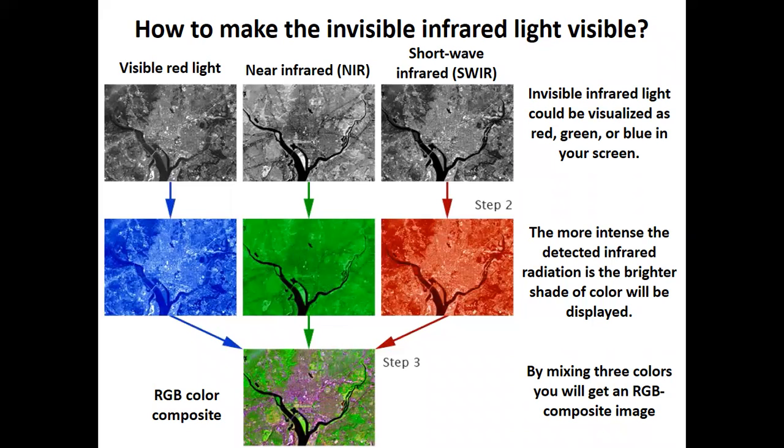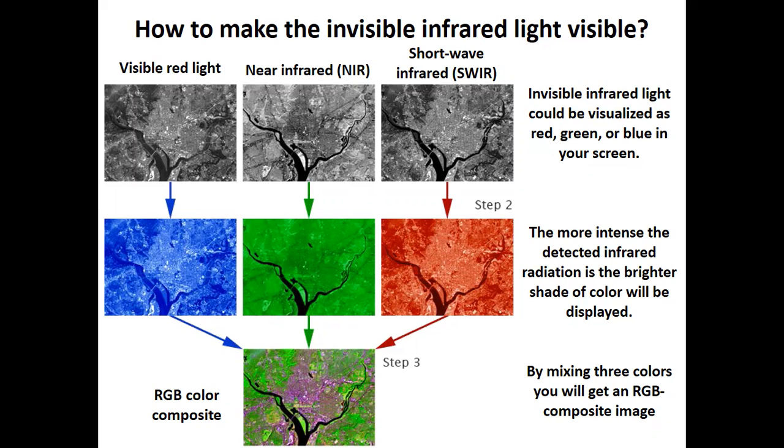And you know that the image on your computer screen is synthesized from these 3 basic colors, red, green, and blue, this so-called RGB synthesis, which is used in virtually all modern computers. And just combining all these 3 colors together, we will have this RGB color composite.